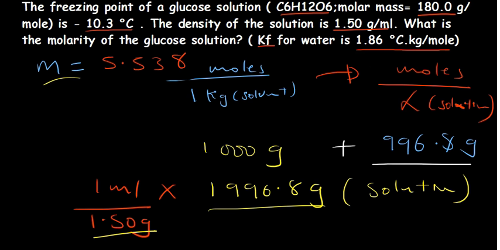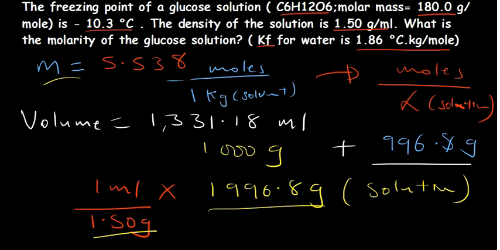Okay, so therefore our volume comes out to be 1996.8 divided by 1.50. So we have 1331.18 milliliters. Is there anything else we need?